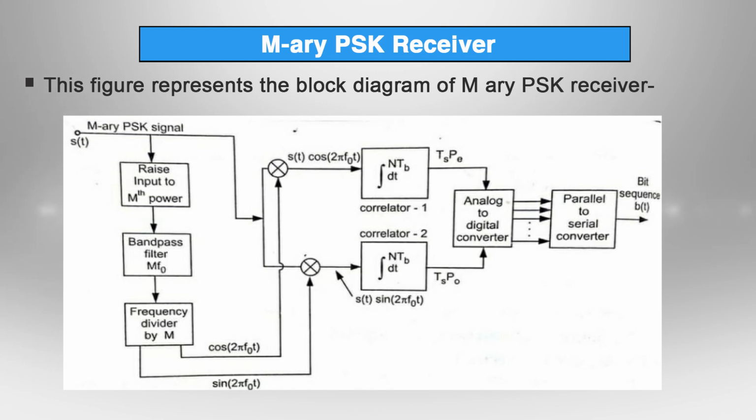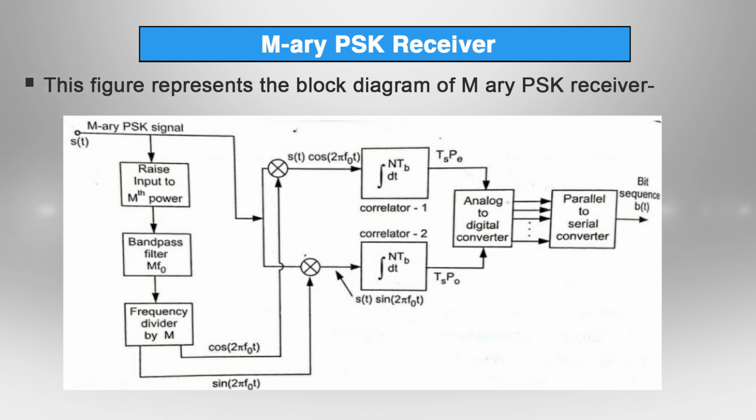At the filter output, we get the sinusoidal frequency m times f c, that is the mth harmonic of the carrier frequency f c. For example, in BPSK, we will get twice f c as m is equal to 2.